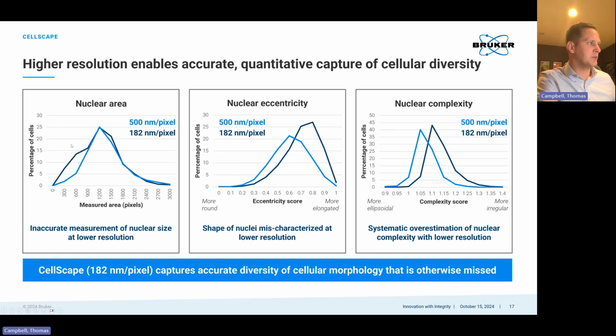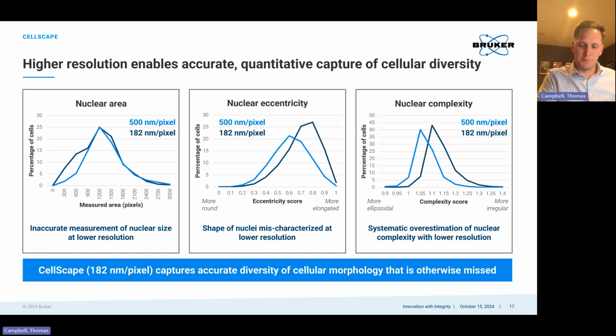We get on average smaller nuclei when you have a higher resolution image. You get nuclei that have more complex and more eccentricity in their shape. And this is, of course, more representative of what we see in biology and indicative that the cell segmentation algorithm is performing better. Again, we're applying the same exact cell segmentation algorithm to two different images with two different resolution pixel sizes.